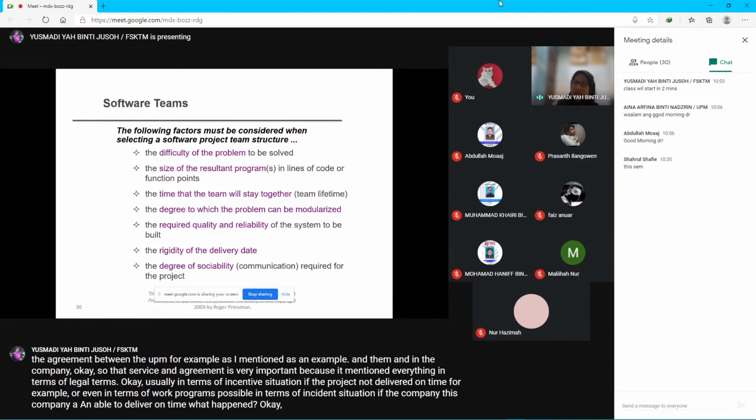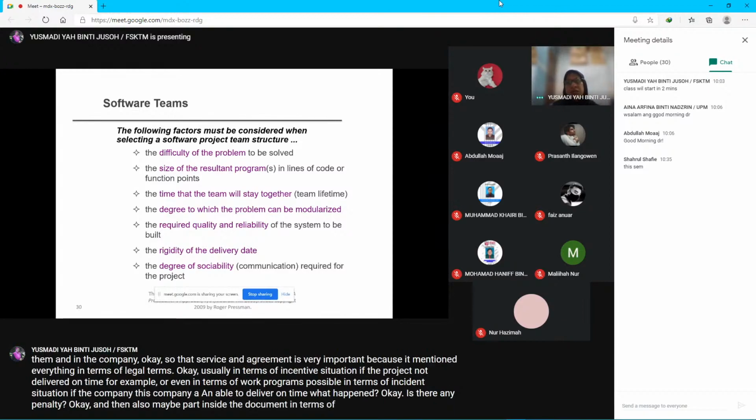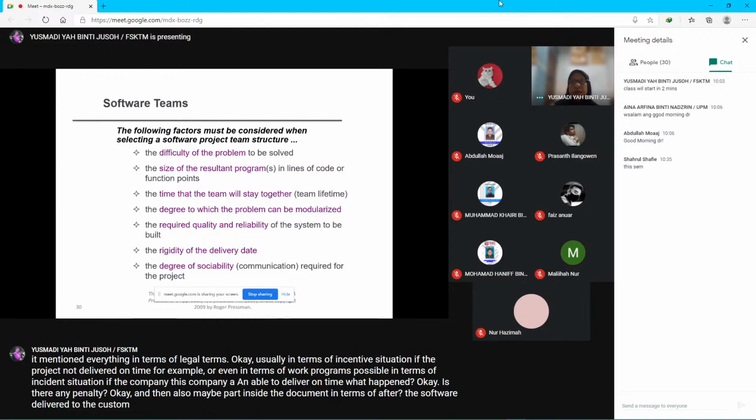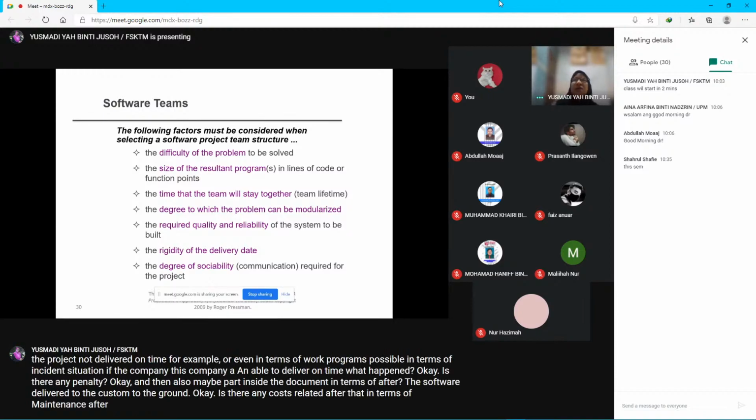Is there any penalty? Also, maybe there is a part of the document about after the software is delivered to the customer, UPM: is there any cost related to maintenance after delivery? So all that is very important.